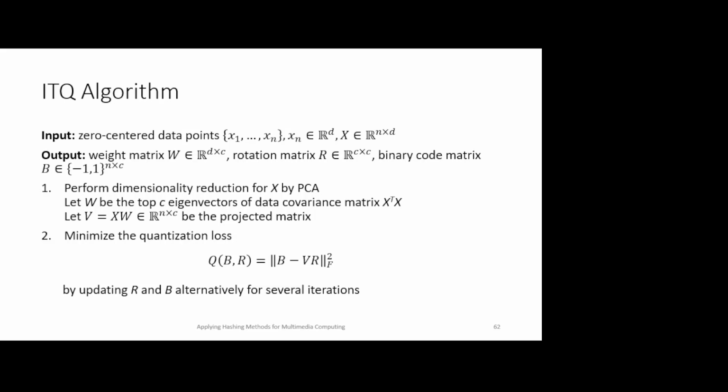V means the reduced vector by PCA, and then we rotate your data so that the quantization to the binary code is minimized. This part we call the quantization loss, right? We want to minimize this loss function.